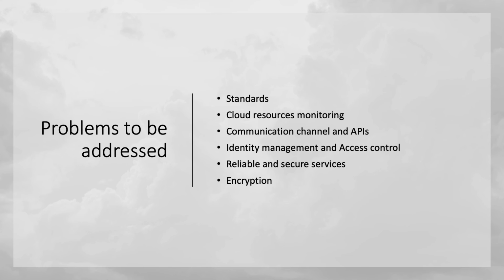Cloud service providers should provide reliable and secure services to consumers in terms of quality, uptime and response time, etc. And when it comes to encryption, they should not only use an encrypted format but also use a combination of encryption with other verification methods, so it will be safer and more secure.